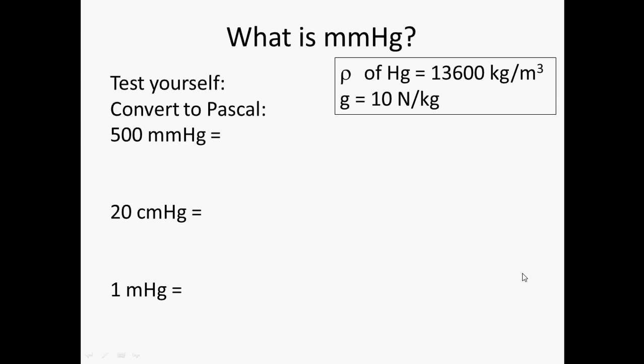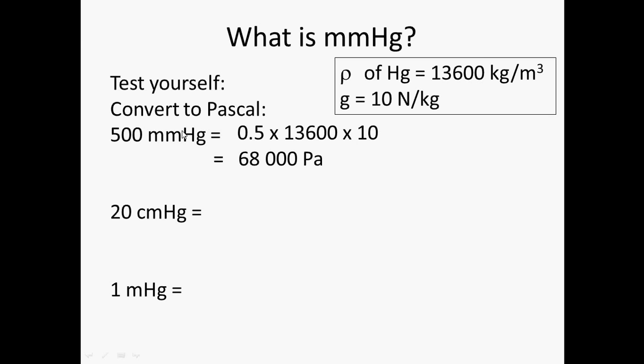Okay, so have you done the questions already? Let's start. As you know, the pressure of a fluid is related to the formula h rho g, and this unit is simply expressing the height or the depth of the mercury. So in this case, you have a depth of 500 millimeters of mercury.